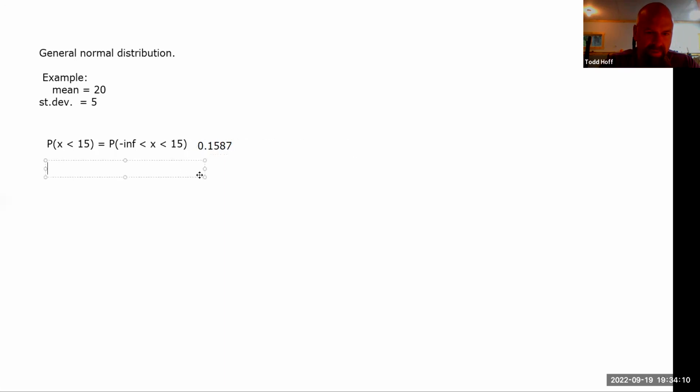We might have the probability x is greater than 30. Again, this has to be turned into a range. This is 30 less than x, which is less than positive infinity. So let's enter that in.